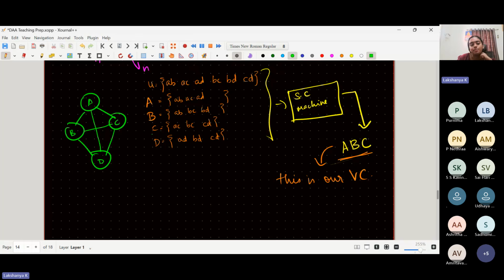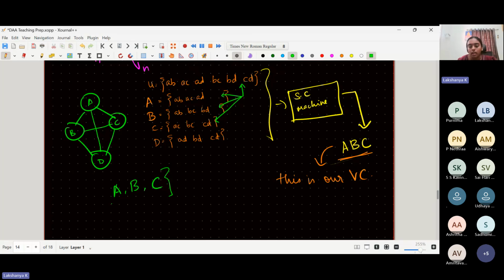Now, I'm selecting a few of these subsets, let's say A, B, and C. It means the set cover machine is designed such that if it is giving you these three as output, these three subsets together, the union is equal to the universe. Am I correct? That's how the set cover problem is defined, right?